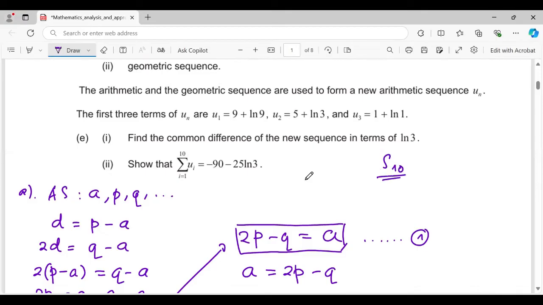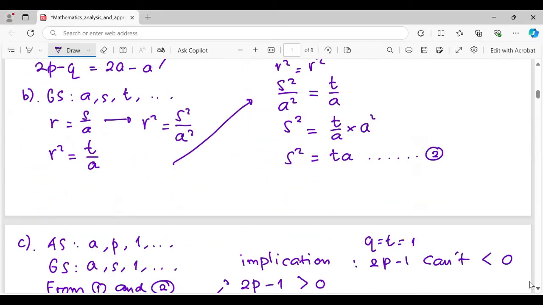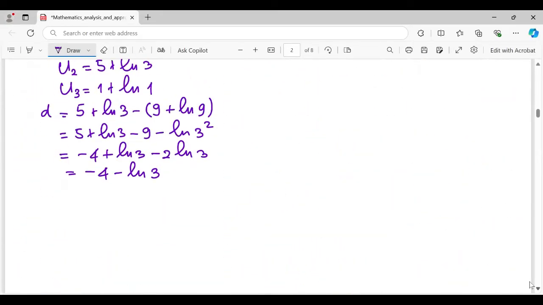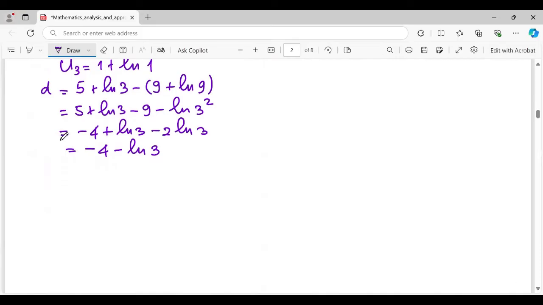We're going to find this because of sigma. Sigma is accumulation. So Sn is n over 2 times 2a plus n minus 1 times d.